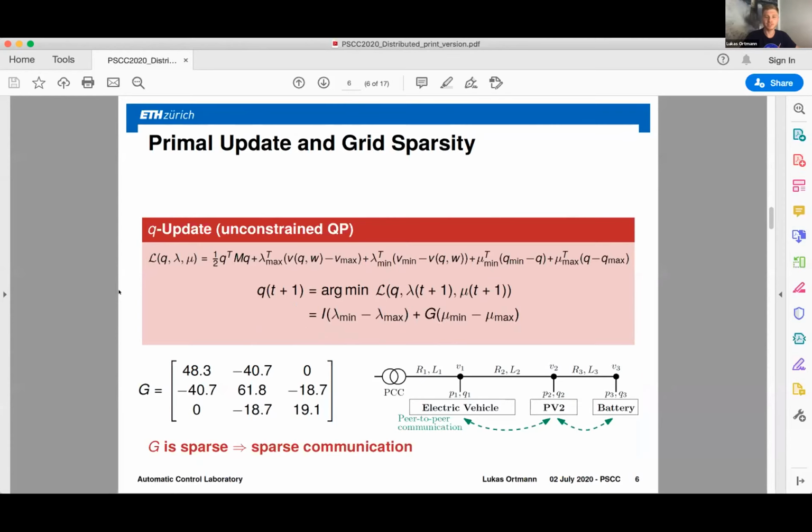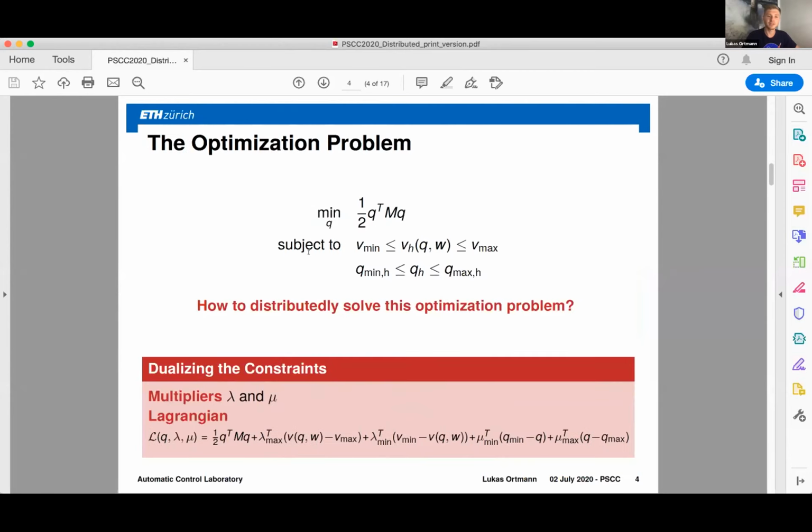It is nice that in the end we get a very easy and convenient controller. On the other side, what I already said is that if you multiply q times the square root of m, and then the square root of m times q again, what you actually get is the voltage deviations between the buses to the power of 2.